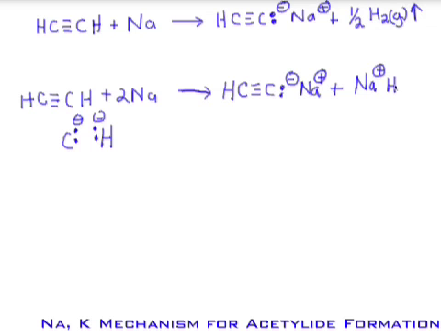Now, you don't have to show the plus and minuses. I'm showing them so you know the charges and there's no confusion. Now, that doesn't look at all like the top reaction. But you may remember sodium hydride was a powerful base as well. And there's lots of alkyne around because you bubble it through the solution with the sodium in it. So what's going to happen then is the sodium hydride is going to attack.